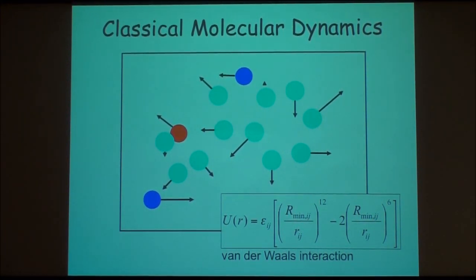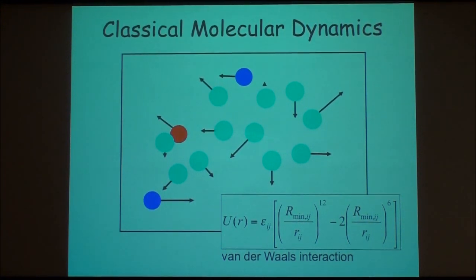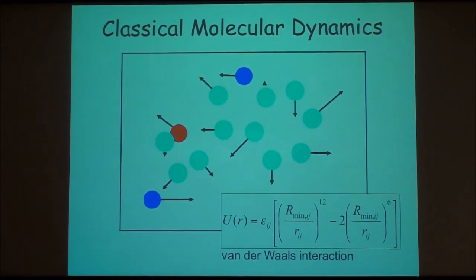So you have a combination of attractive and repulsive forces between any pairs of atoms in your simulation system. This is called the van der Waals interaction. You can describe it using different functional forms. A very common form is the so-called 12-6 Lennard-Jones potential energy term.